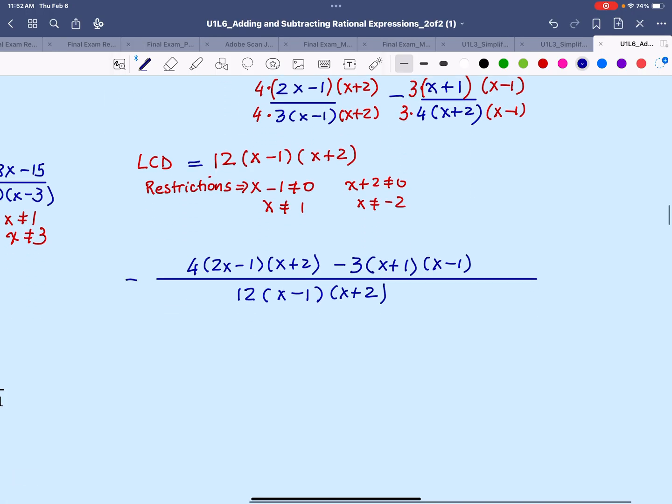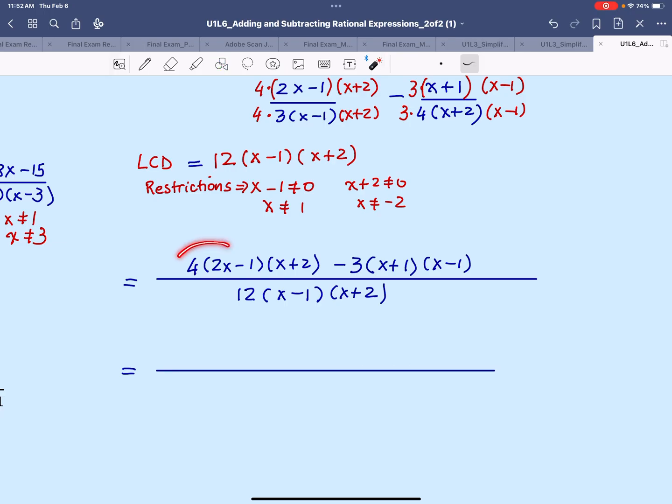So in the next step, we're going to work on our numerator here. Now remember that in this numerator you have the product of 3 things minus the product of 3 things. So here you're multiplying monomial, binomial, binomial.